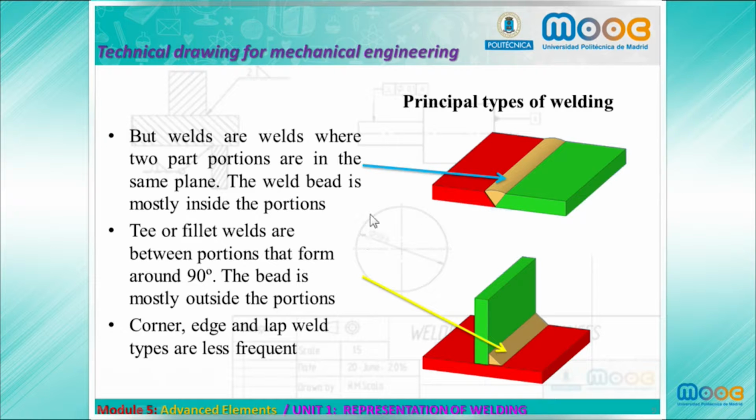T or fillet welds are between portions that form around 90 degrees. The bead, in this case, is mostly outside the portions. There are more types of welding, like corner, edge, and lap, but are less frequent.